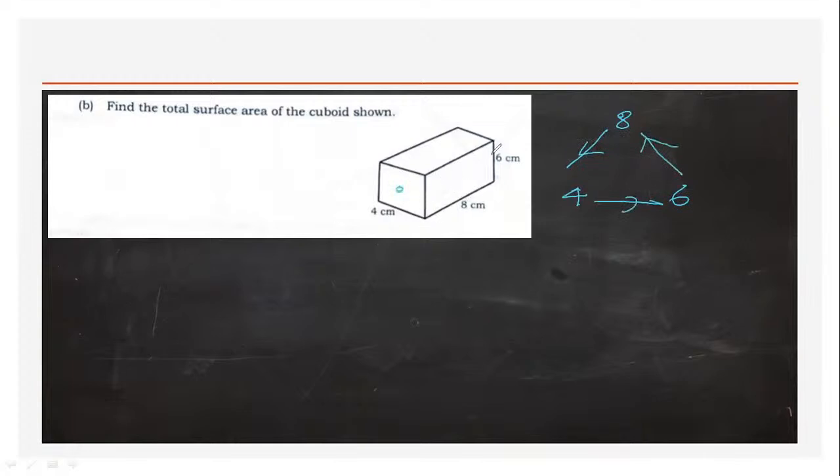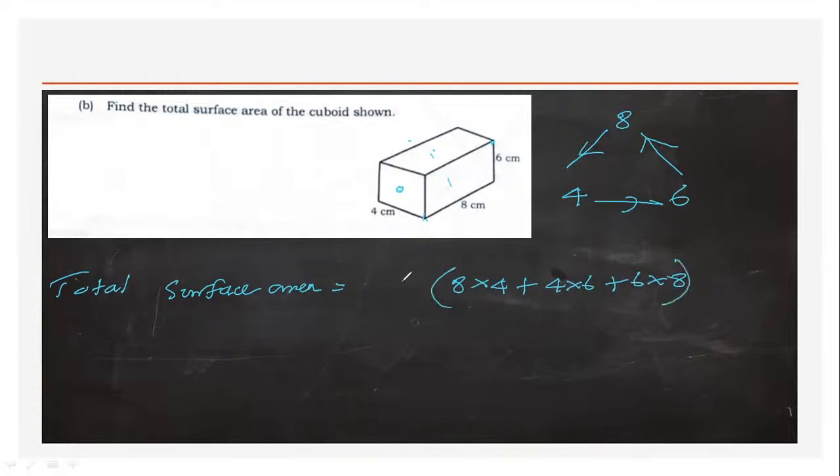No? Then here these two sides, this type of two sides, and top and down. There are two sides like this. So we can write like this. Total surface area equals 8 into 4 plus 4 into 6 plus 6 into 8. Right?